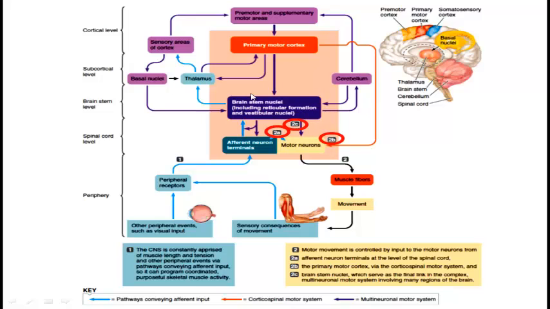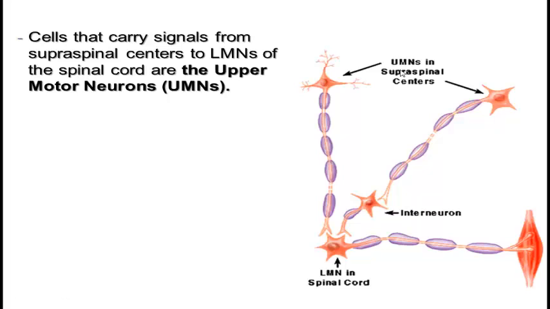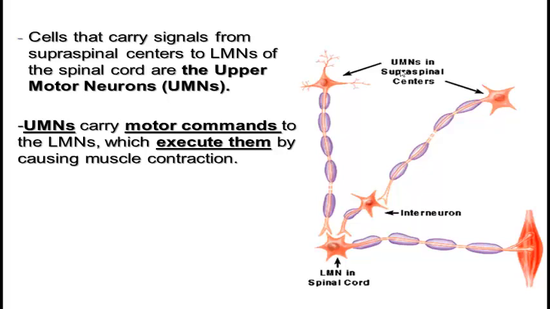So the level of upper motor neurons is any level above the anterior horn cells of the spinal cord. If this is the anterior horn cell of the spinal cord, then from here to the muscle it is all lower motor neurons. Any supraspinal center contains upper motor neurons. So cells that carry signals from the supraspinal centers to lower motor neurons of the spinal cord are the upper motor neurons, while upper motor neurons carry motor commands to lower motor neurons, which execute them by causing muscle contraction.